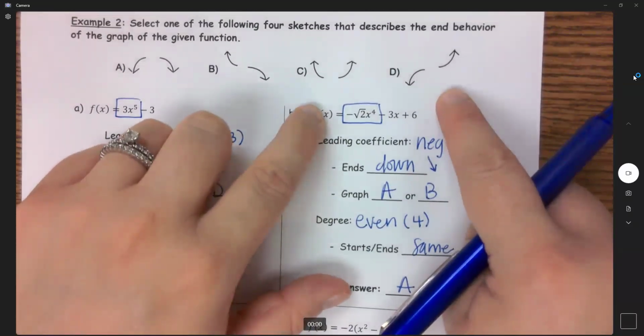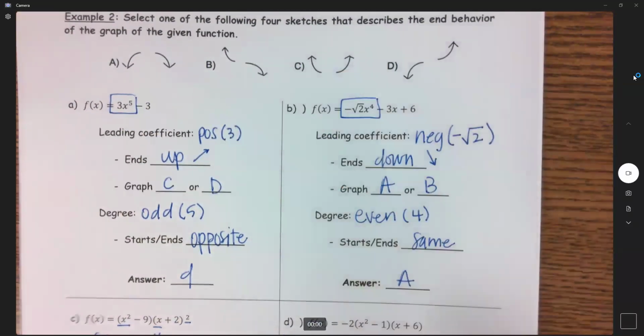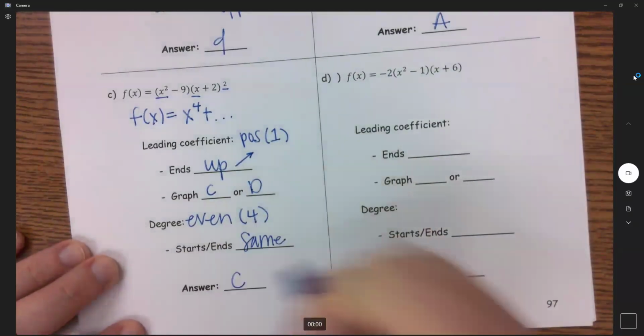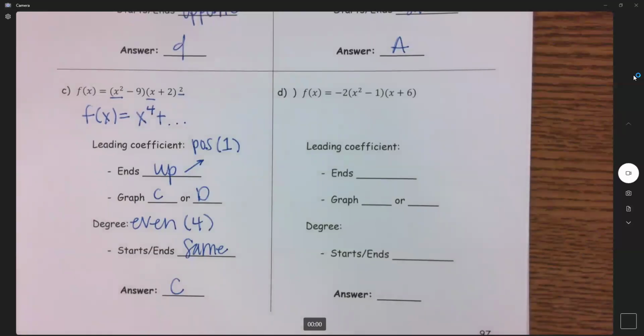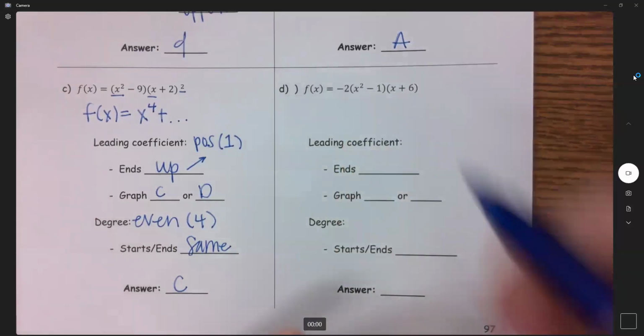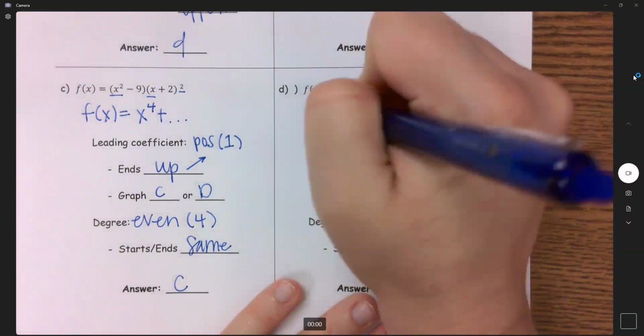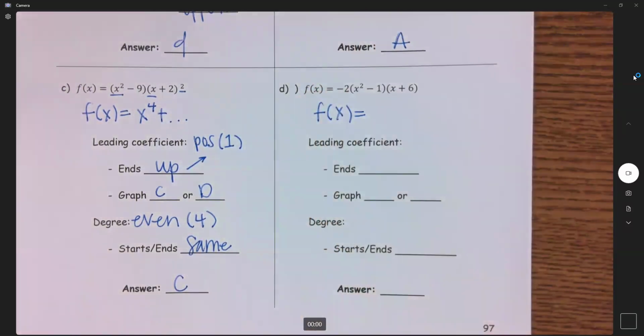So out of my choices of C or D, which one starts and stops in the same direction? And that's C. Now pause the video and see if you can determine what that leading term is.